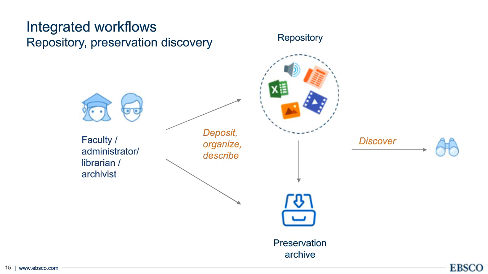We want to make sure that that content is discoverable. And we also want to be able to retain the metadata about it, because you want to know where your content is, how it is being stored, and where it is being managed.